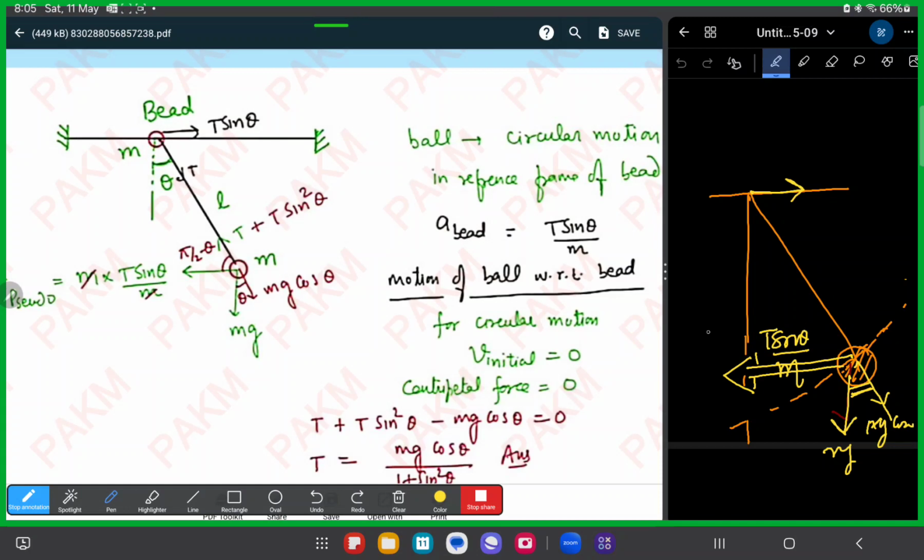This is the pseudo force acting, and this is the tension.